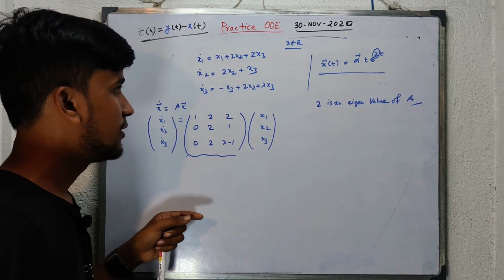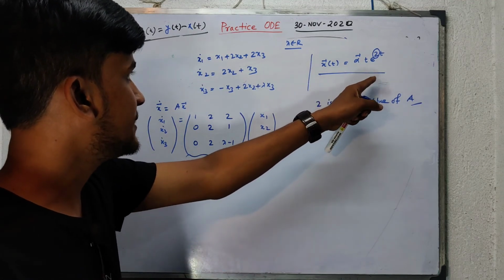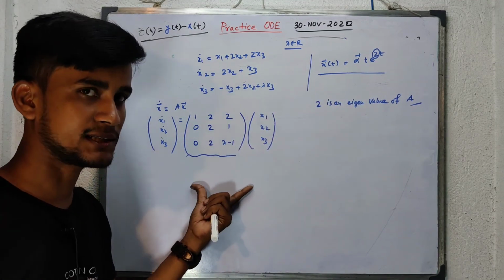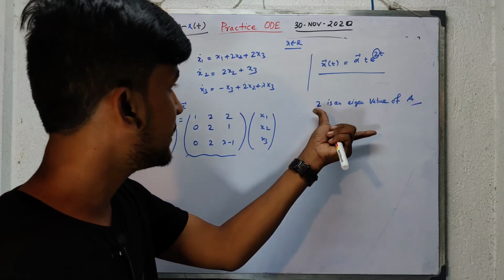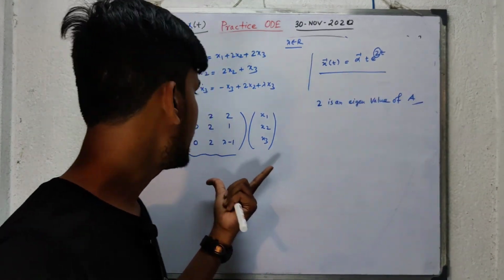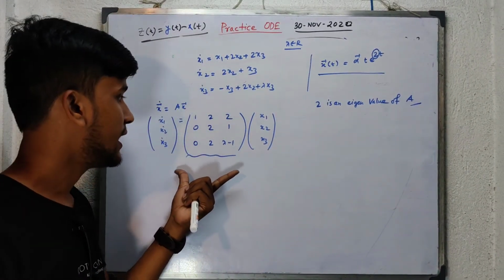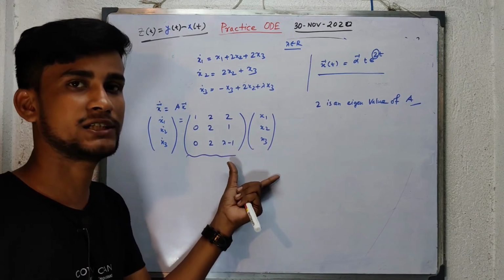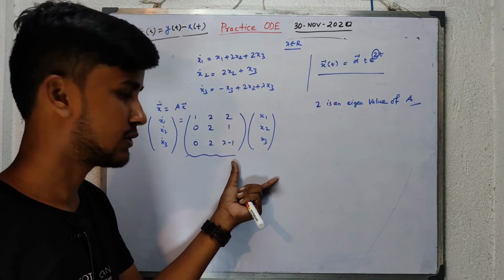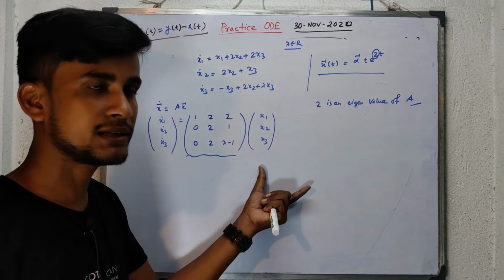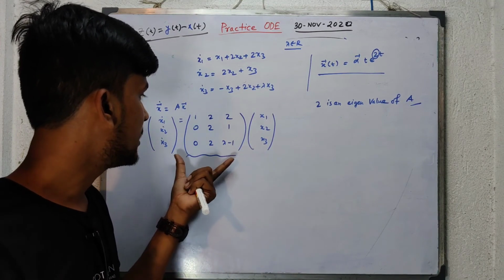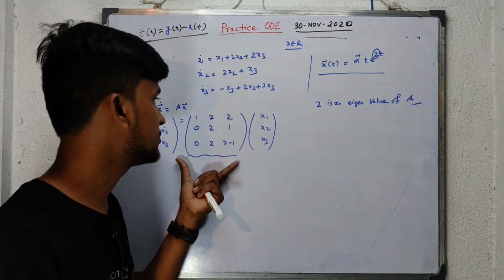Now for this eigenvalue 2, the system must be consistent, and for a unique solution of a system we must get what? Trivial solutions, which gives that this determinant is equal to 0.